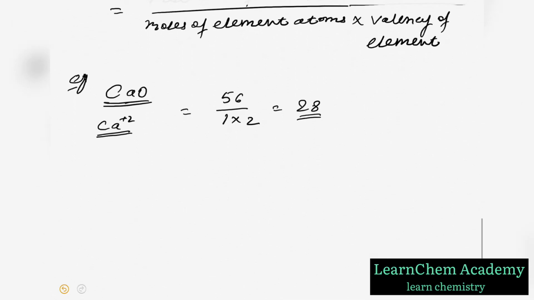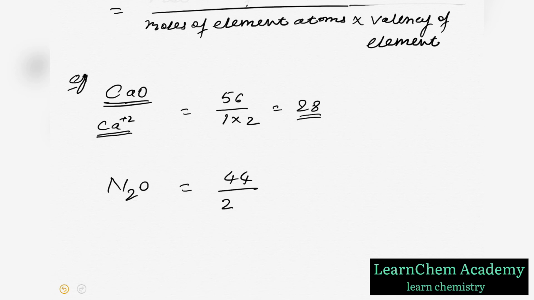If we take another example, N2O, nitrous oxide, the molecular weight of the oxide is 44, and moles of element atoms is 2.